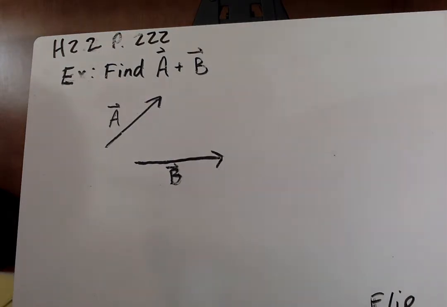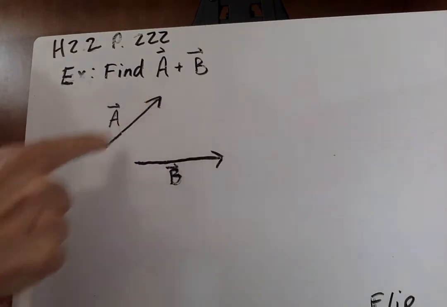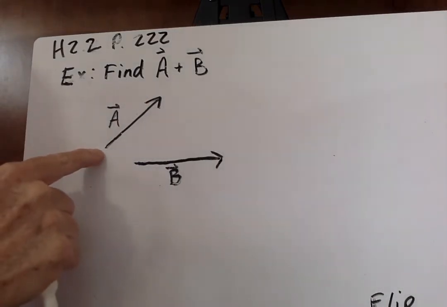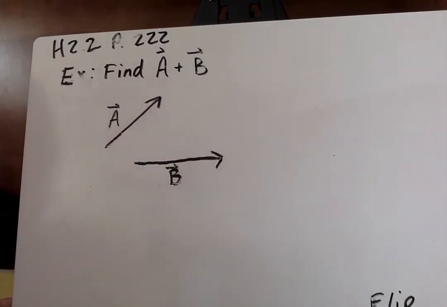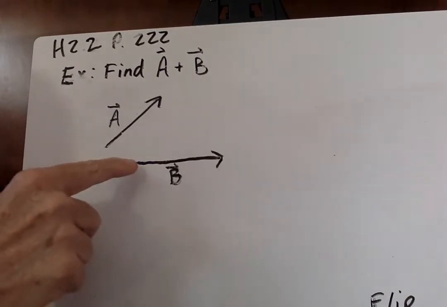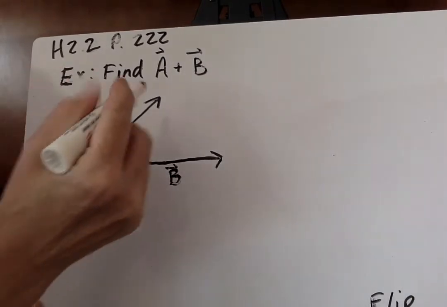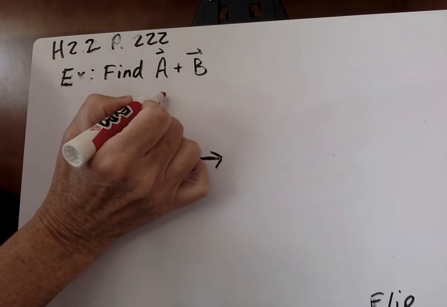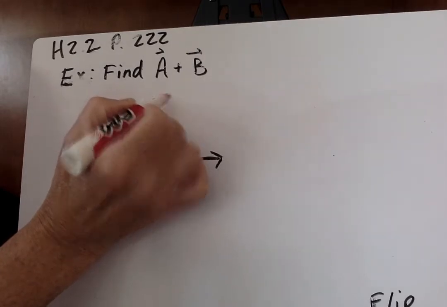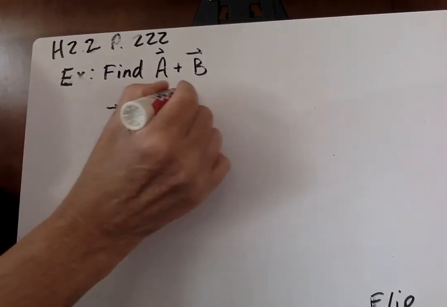What that is, if you have A plus B, you start with A and say, okay, here's my initial point and here's my terminal point. To add B, I'm going to take it and put its initial point where the terminal point is for A, and then draw it from there.